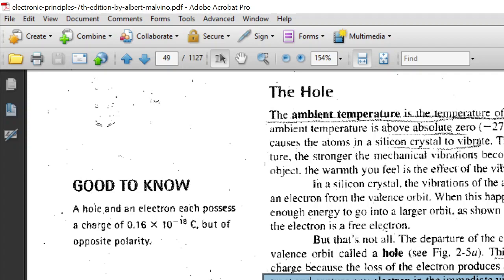This is almost like the hole is moving. Although the electron is getting dislodged from the adjacent atom and filling up the hole, overall the phenomenon is like the hole that was created in the first atom is moving to the next atom, and in this way the hole can also move. So the hole can also have motion. Because of that, it behaves like a positive charge.